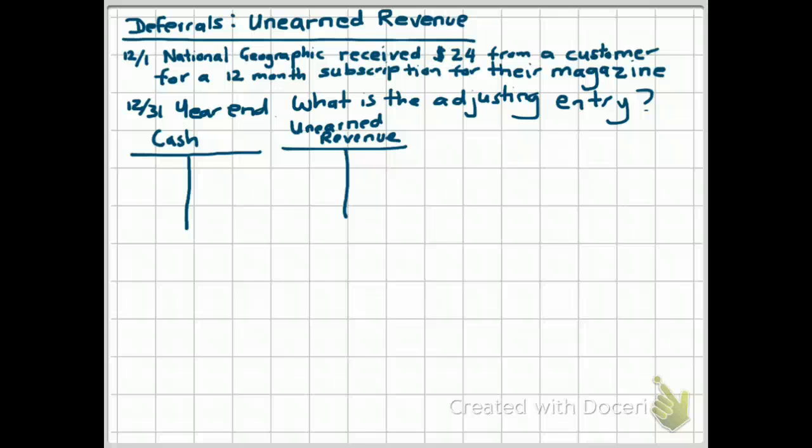So for your journal entry, what's going to get debited and credited? Cash is debited because cash increased by $24, and unearned revenue gets credited. This $24 in the unearned revenue account we said was a liability, which means it's a debt to the company.